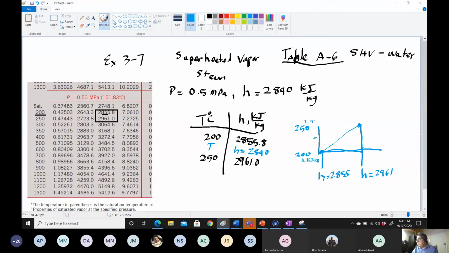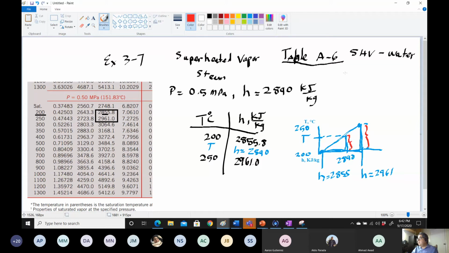Basically you want to find the temperature that corresponds to 2890. So you're setting up a similar triangle type of situation. You've got two similar triangles, and the height of this triangle over the height of this triangle.